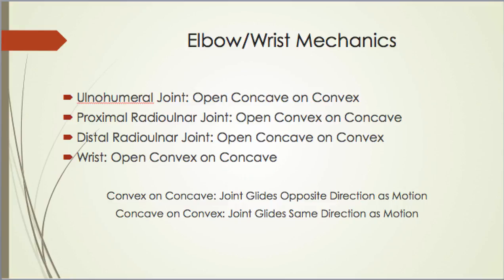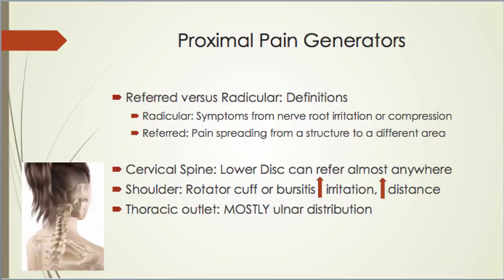Okay. All right, so proximal pain generators, referred versus radicular. I want you to understand the difference here. We've talked about it a couple of times already. Radicular symptoms are symptoms that emanate from nerve root irritation or compression. So you're going to have a situation where it's going to go along the entire path of generally the pathology.